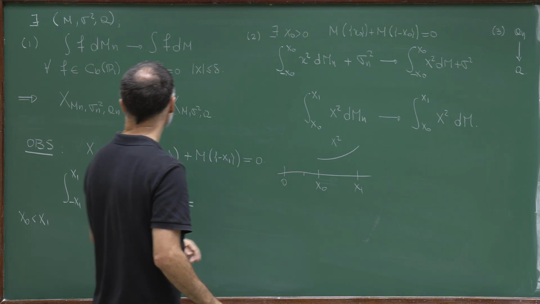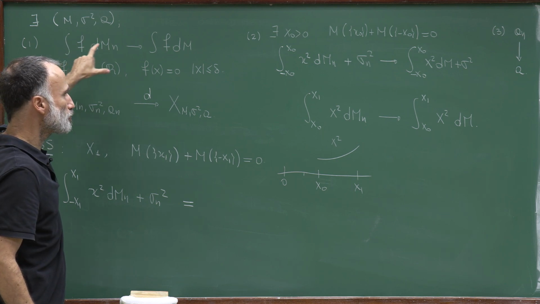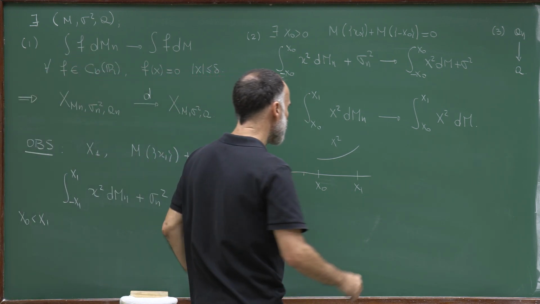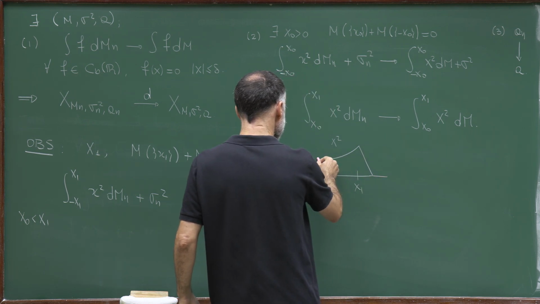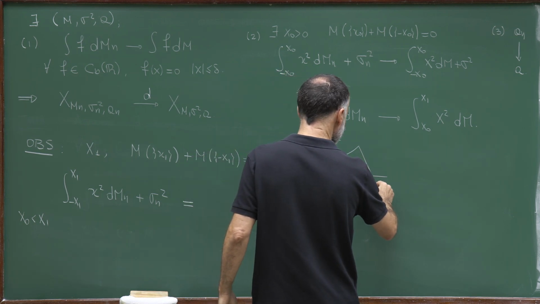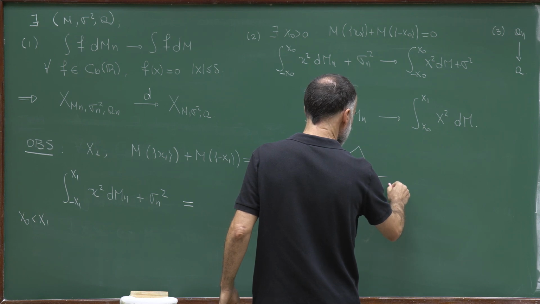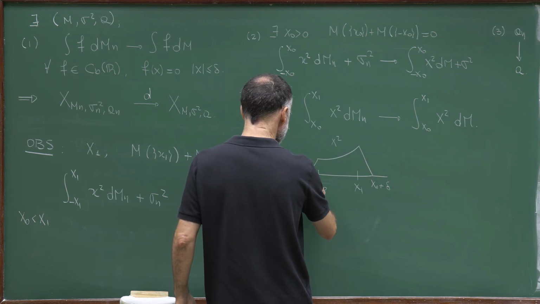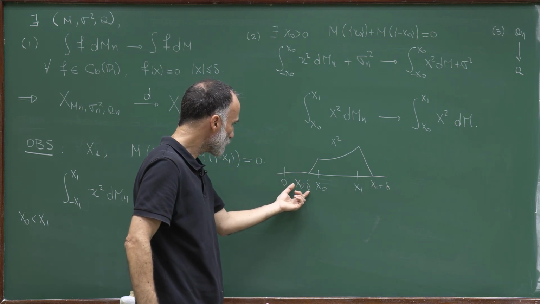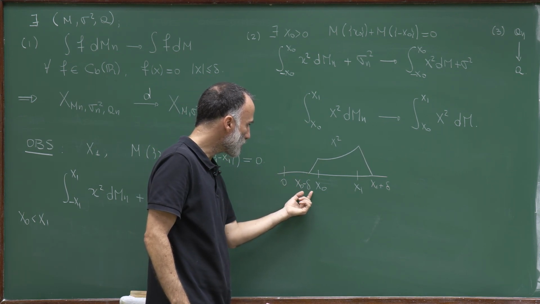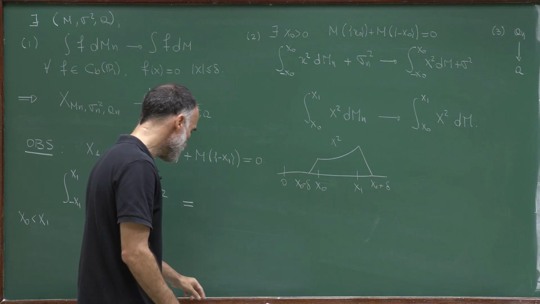I'll consider two functions which satisfy this first property in order to prove that limit. So the first one will be this function. Let me take a delta. This is the point x1 plus delta, and this is the point x0 minus delta. Let me take delta sufficiently small for x0 minus delta to be strictly positive.